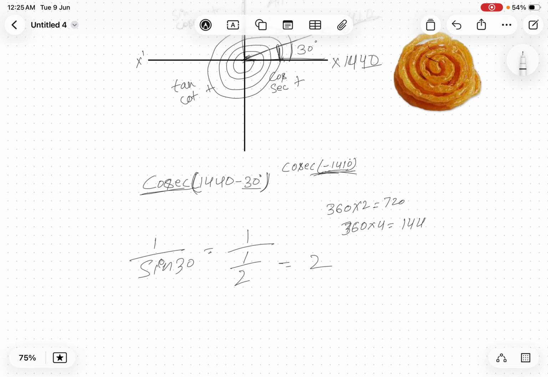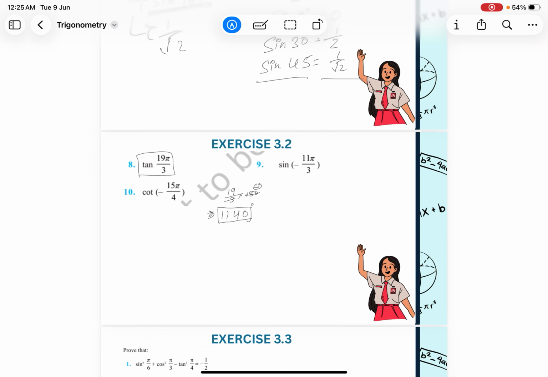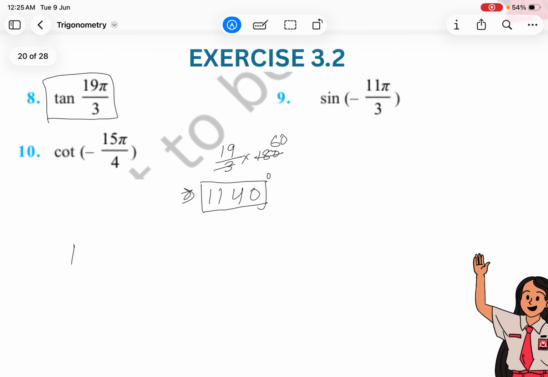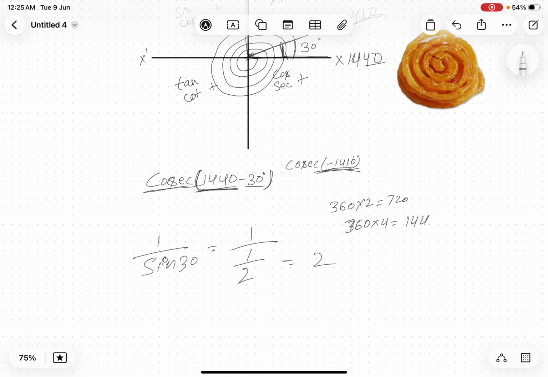So we know here we took 1140, right? Is it really 1140, or am I making a mistake? So 19 into 60, 1140.